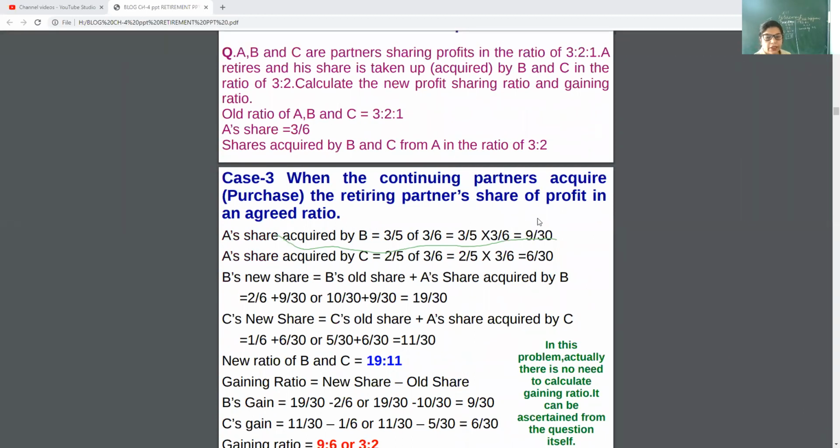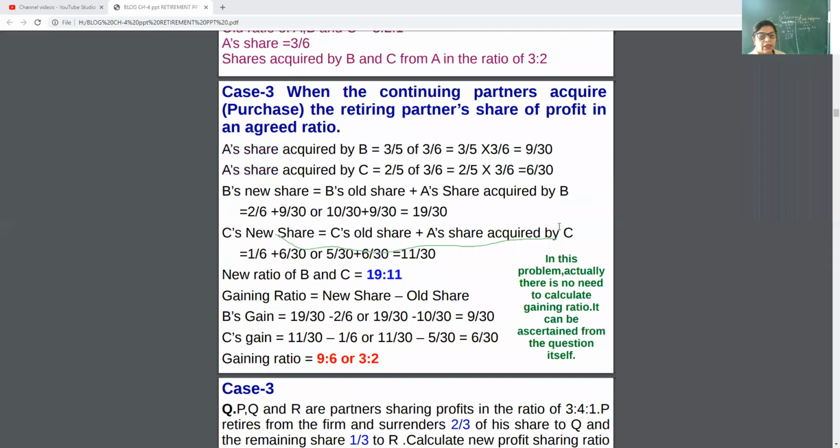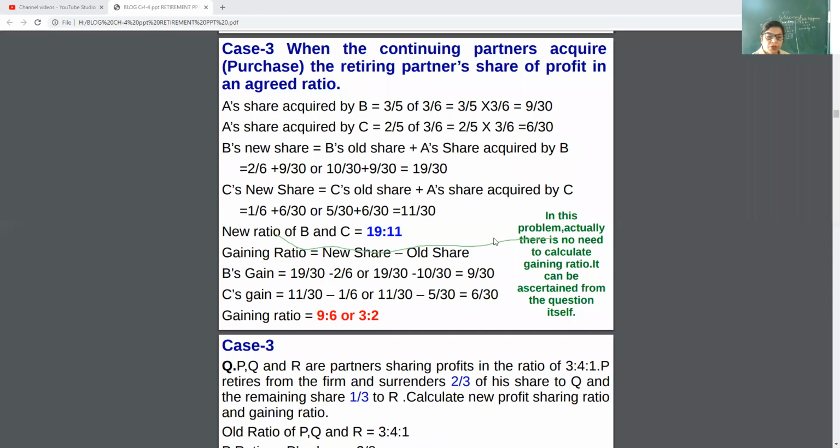So A's share acquired by B means the gain of B is 3/5 of 3/6. Then by C, 2/5 of 3/6. Now the new ratio will be 19:11.